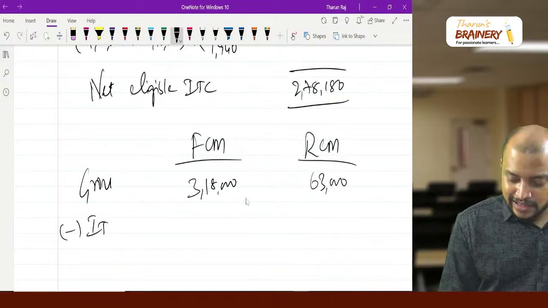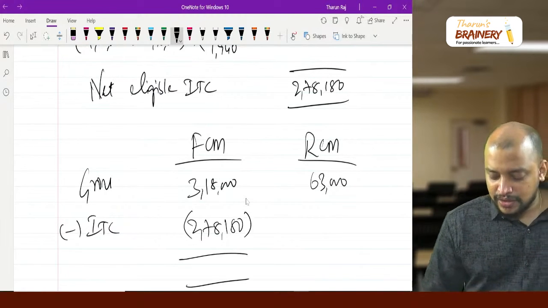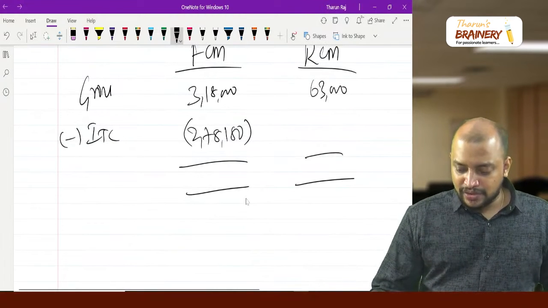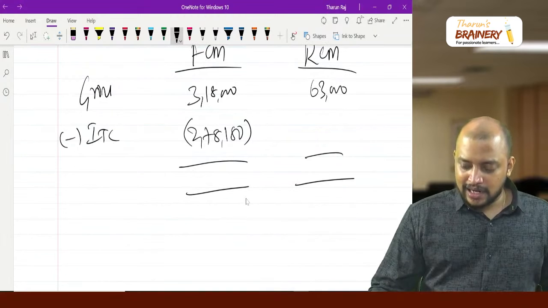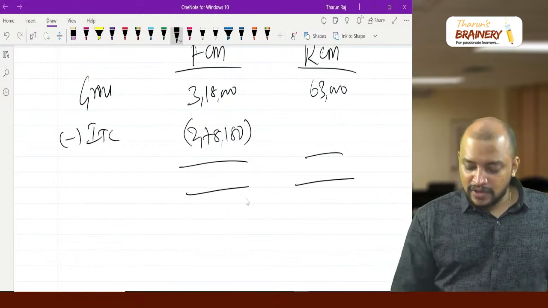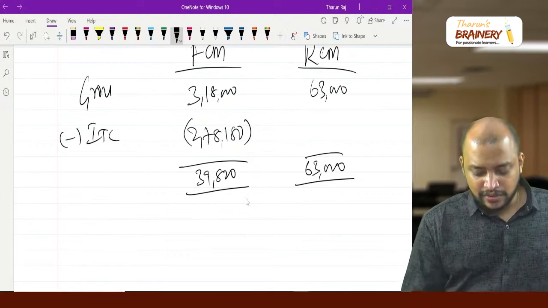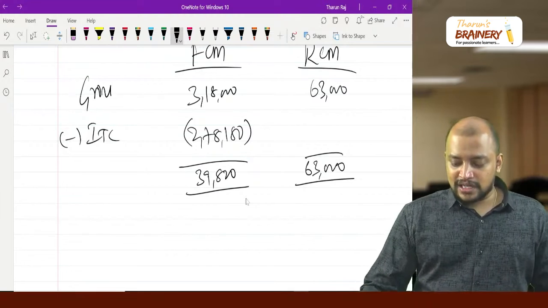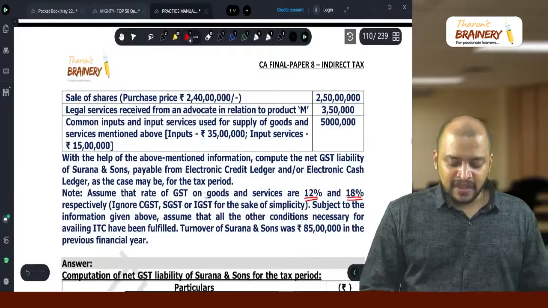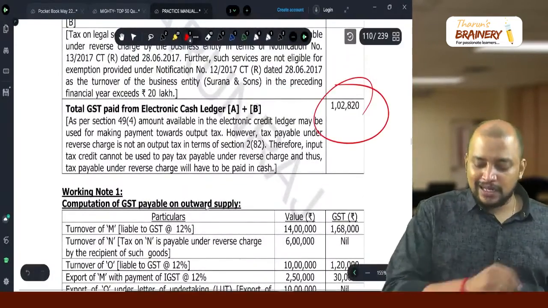Minus ITC: 2,78,180 adjusted. So the remaining will be the net liability. 3,18,000 minus 2,78,180 will be 39,820, and 63,000. So 39,820 plus 63,000 will be 1,02,820. 1,02,820 will be the answer.